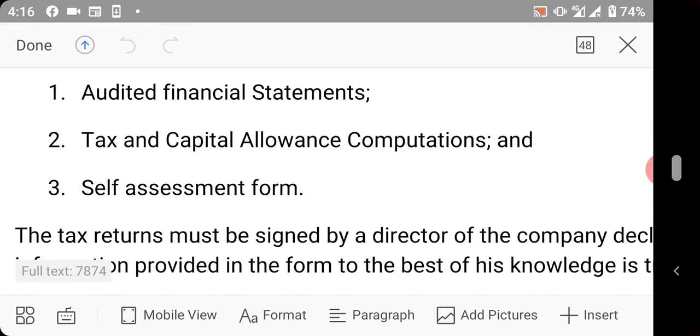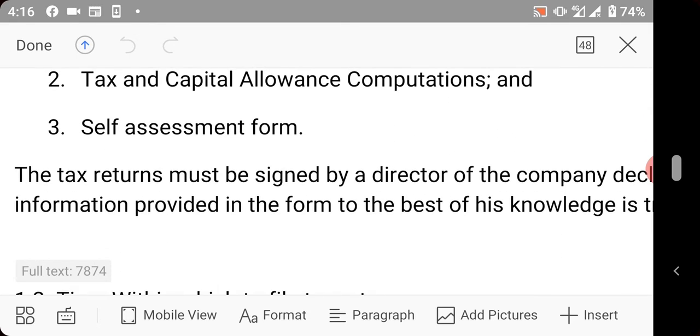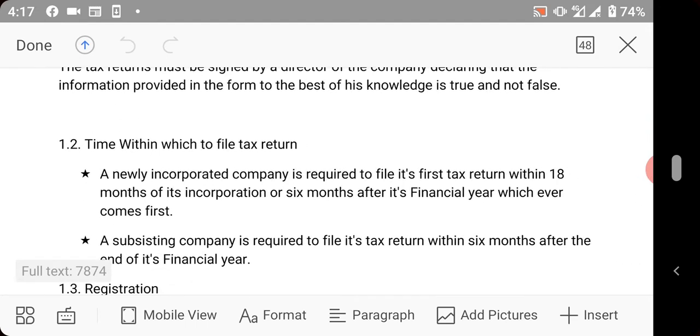Then, aside from these three documents that must be in the tax file, the law requires that a director of the company should sign an undertaking stating that, to the best of his knowledge, the information provided in the tax return is correct and not false. So that is that about tax return.